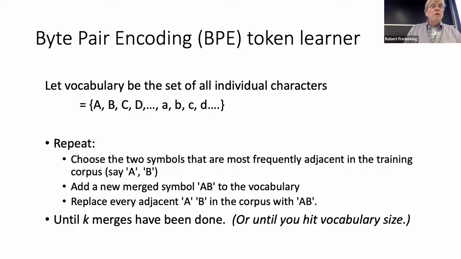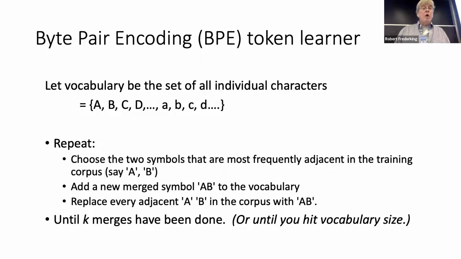So we're going to start with a really simple vocabulary for this example, just the capital and lowercase letters of English. And the algorithm is that you find out which two symbols are most frequently adjacent in the training corpus. So say capital A and capital B. You take those and you make a new merge symbol AB.